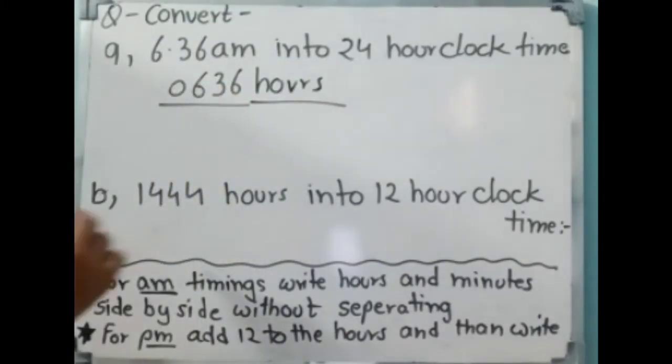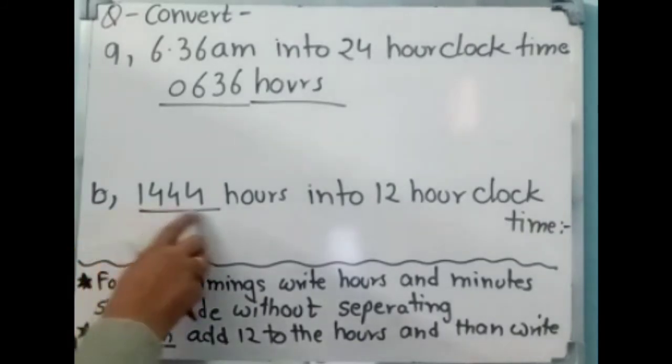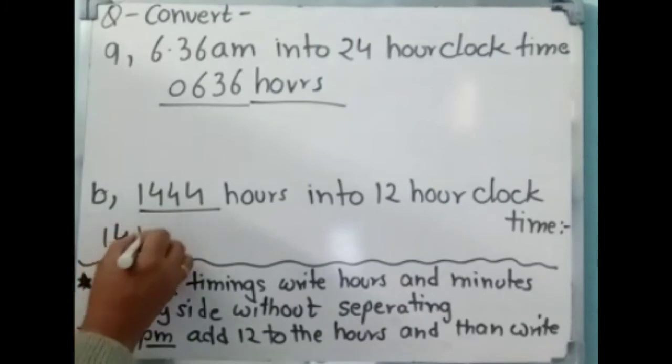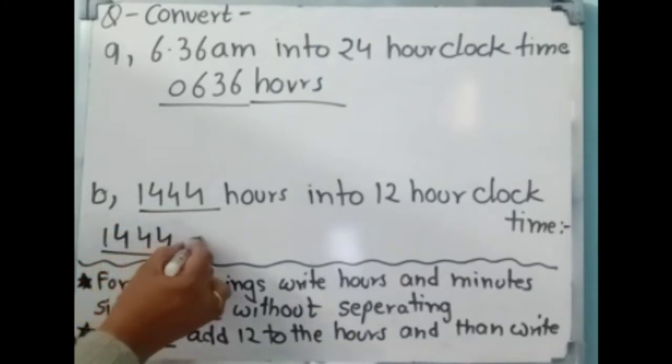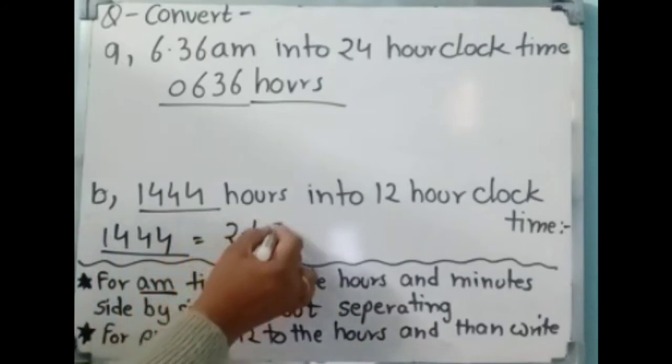Now here we have 1444 hours. It is more than 12, which means that it is PM. So after 12, 13, 14, that is 2 hours.